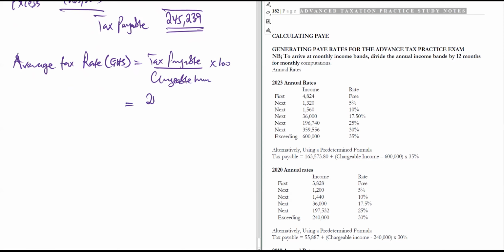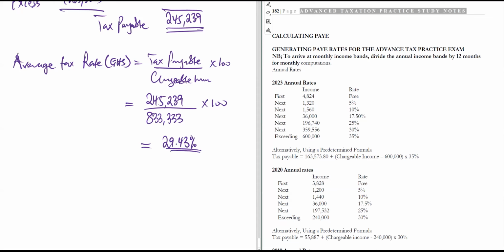Our tax payable is 245,239, and chargeable income was 833,333. What do we get? 29.43%. So this is the average tax rate in Ghana.